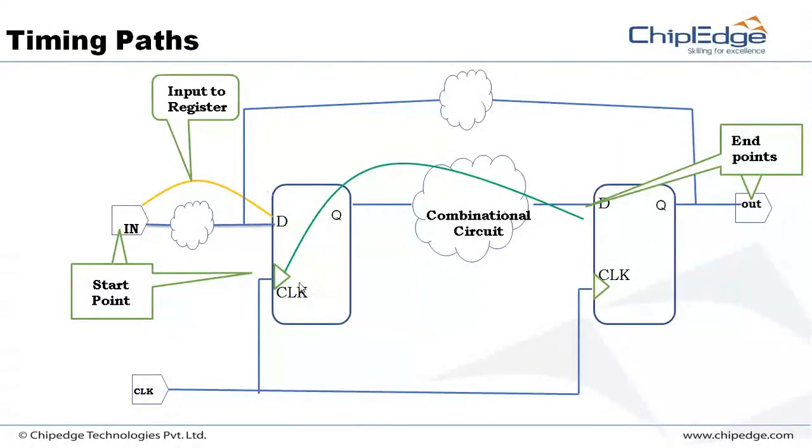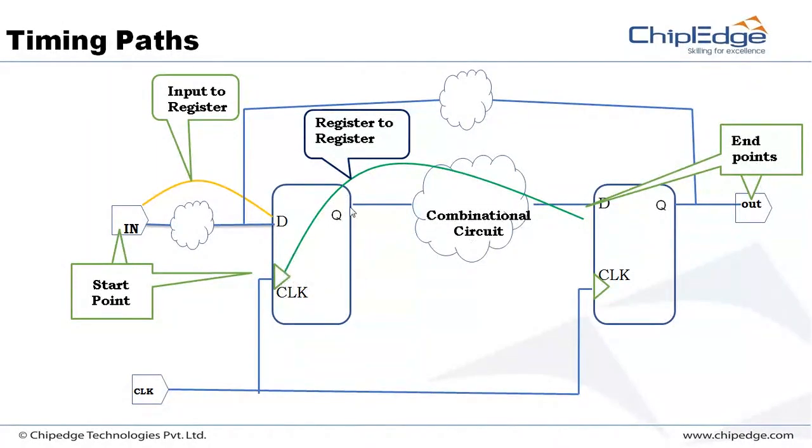Then you have the reg to reg path. The reg to reg path starts from the clock pin, goes through the Q pin to the combinational circuit and then to the D pin. The time taken to reach the D pin, we need to calculate and see that this delay meets the setup time and also the hold time.